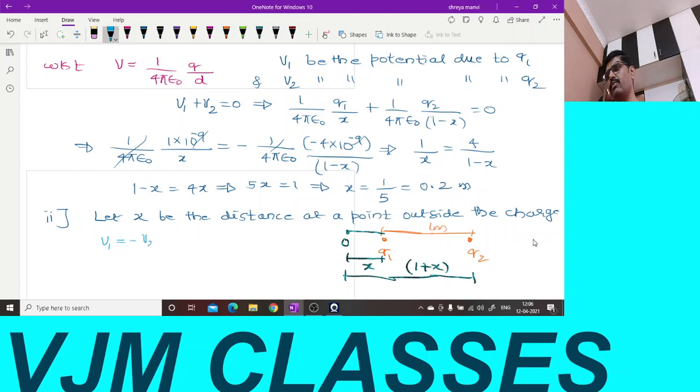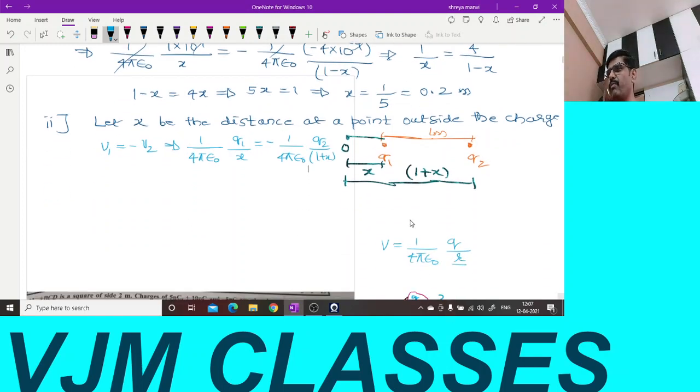to minus V2. So if I substitute, 1 by 4 pi epsilon naught Q1 by x must be minus of 1 by 4 pi epsilon naught Q2 by 1 plus x. So if I substitute the value, again charge Q1 is 1 nanocoulomb, so 1 by 4 pi epsilon naught 1 into 10 power minus 9 divided by x equals, minus of minus, it will become plus.